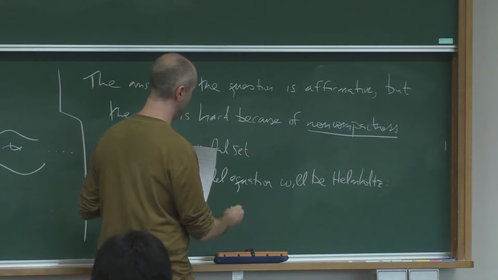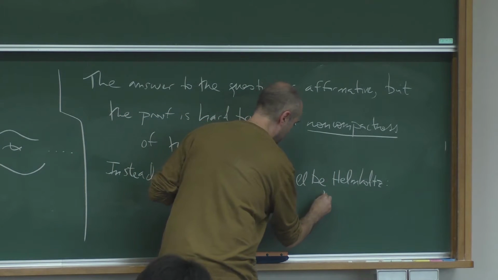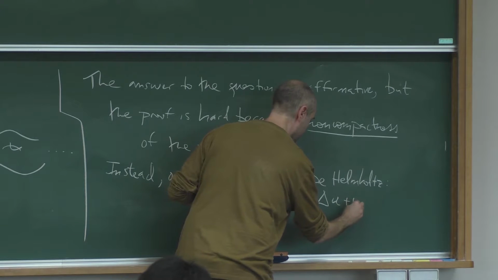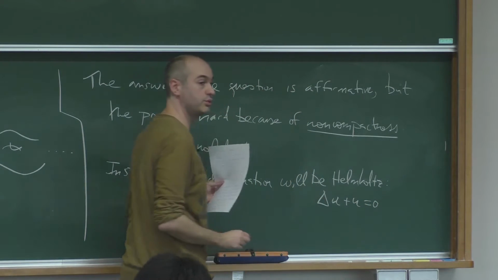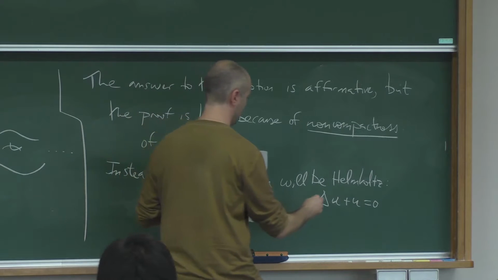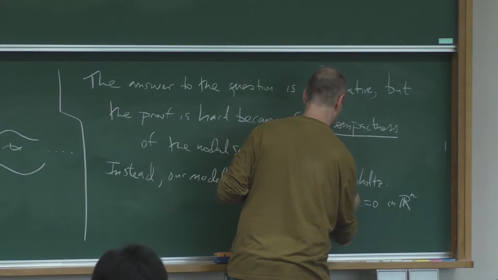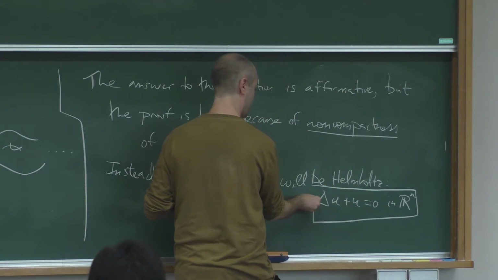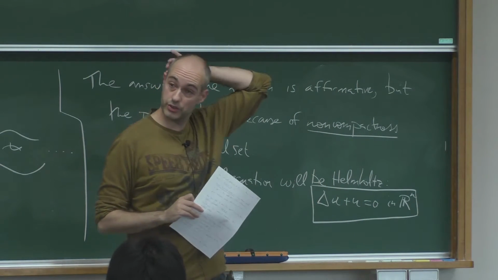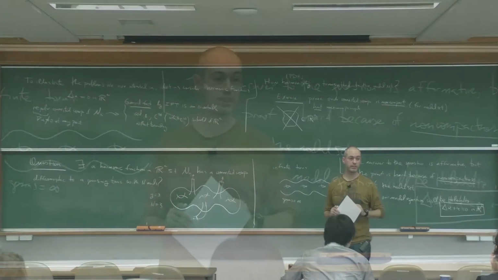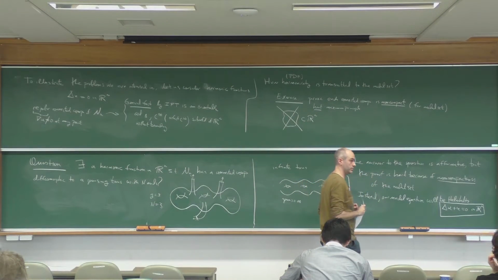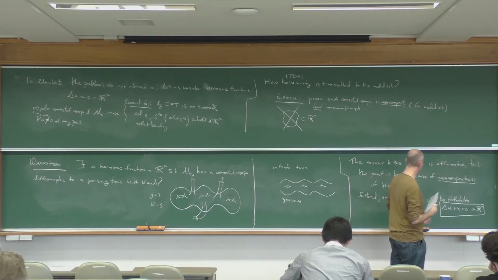The Helmholtz equation is simply the Laplacian of u plus u equal to 0 in Euclidean space. The solutions to this equation are sometimes called monochromatic waves.